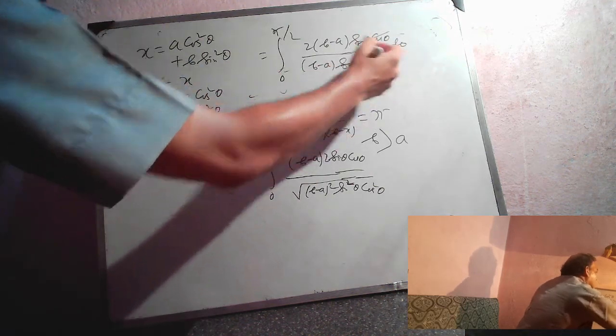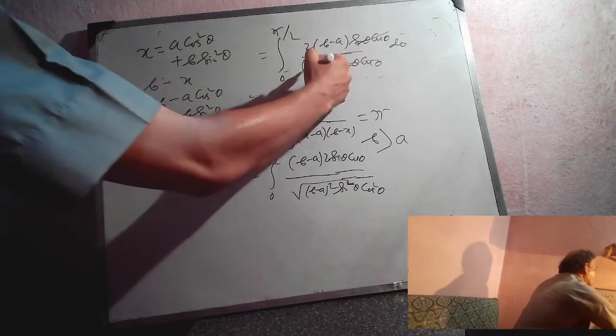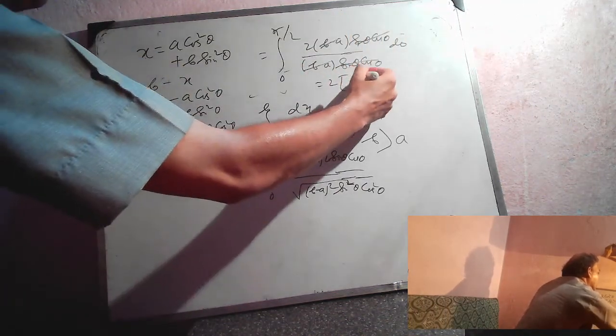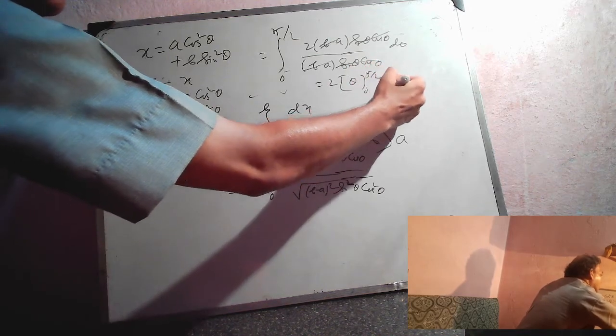Now cancel sin theta cos theta, b minus a cancel, 2 integration of d theta 0 to pi by 2 equals pi.